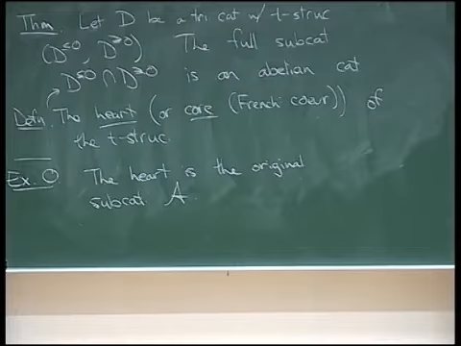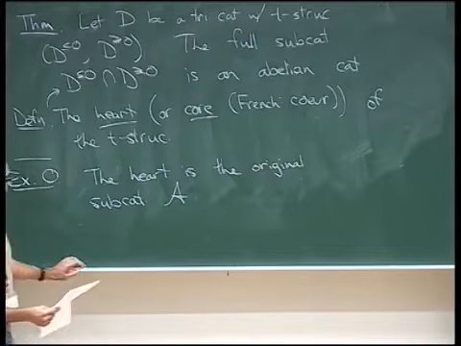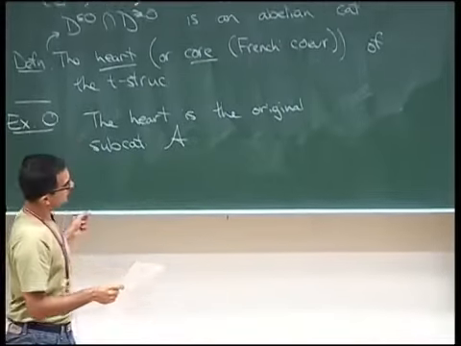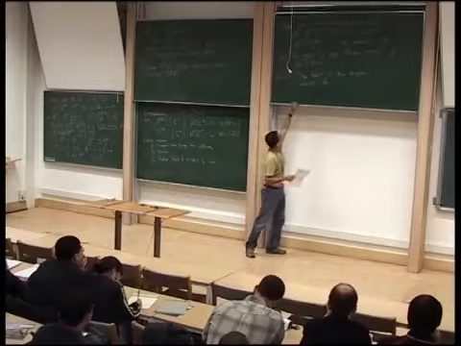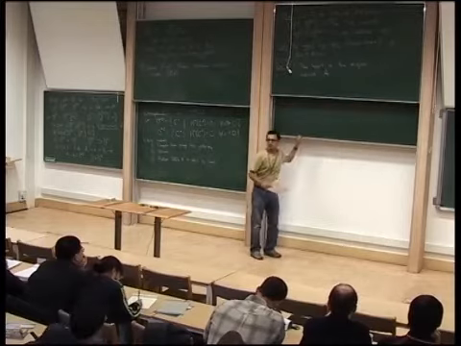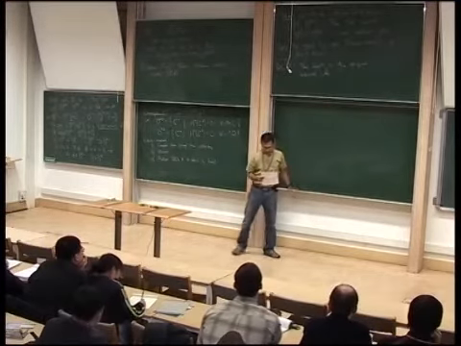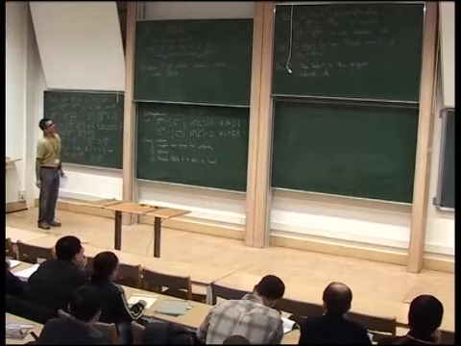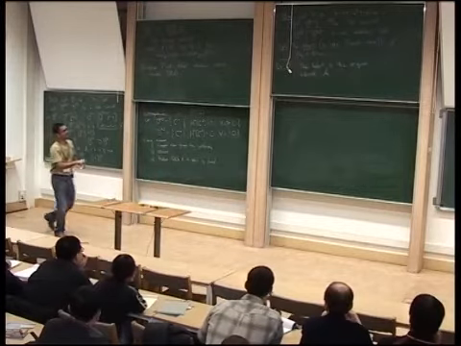Okay. Maybe let's look at one slightly more complicated example, and then I'll say a little bit about the kinds of things that go into the proof of that theorem.